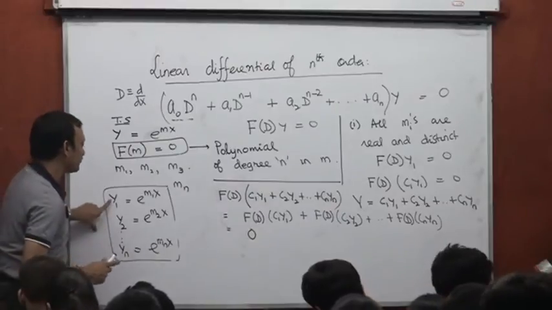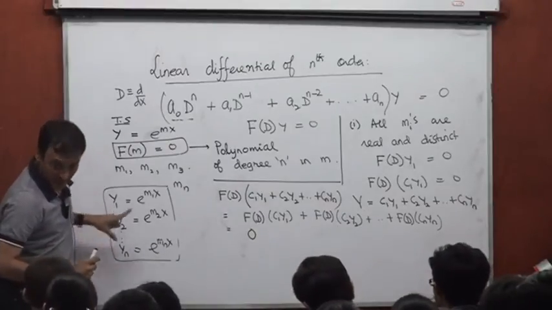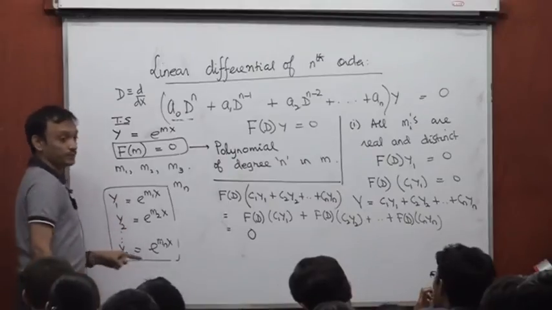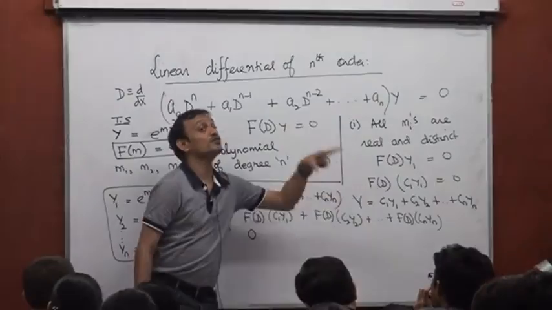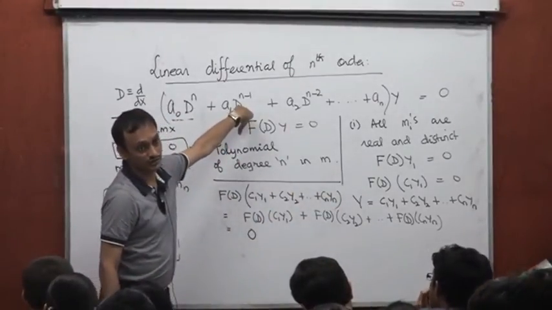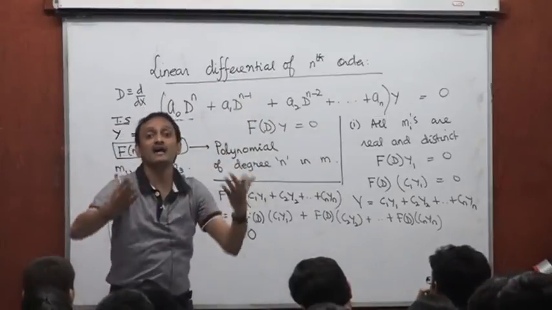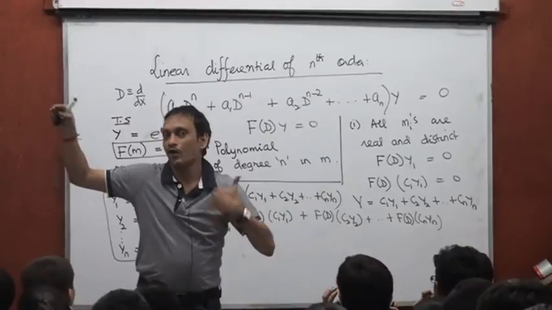Which means if y1, y2, y3, yn were solutions, then C1 y1 plus C2 y2 plus Cn yn will also be a solution to the differential equation, where the yi's are e power mix. How do you obtain the mi's?